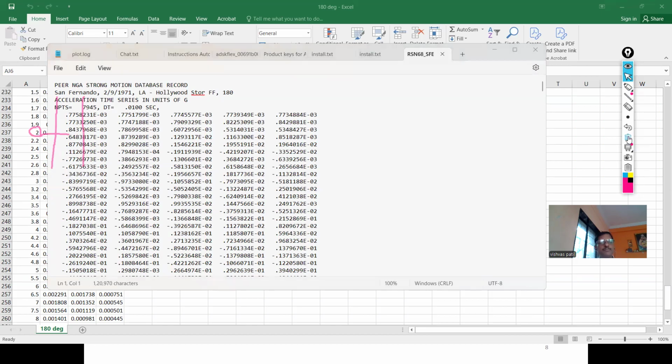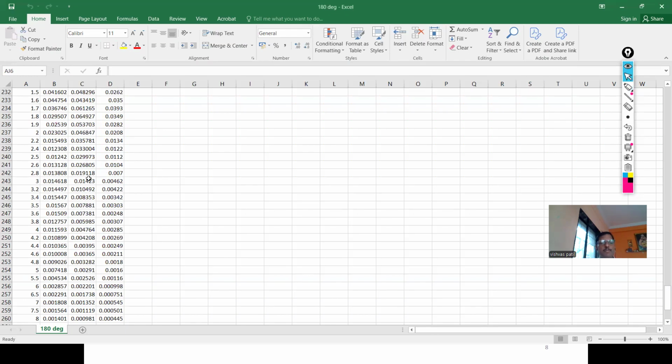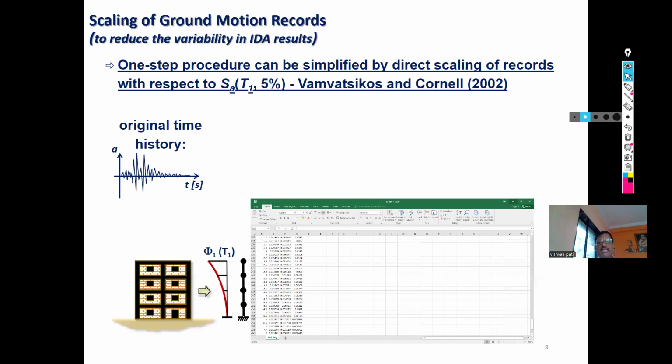This is an acceleration record. This is a time history record, in terms of g. So this is the second sheet required to download. From this Excel sheet, which is downloaded from the strong motion database, we get the SA value.